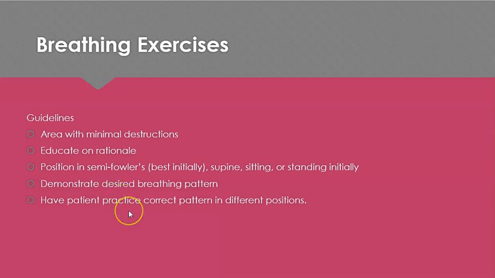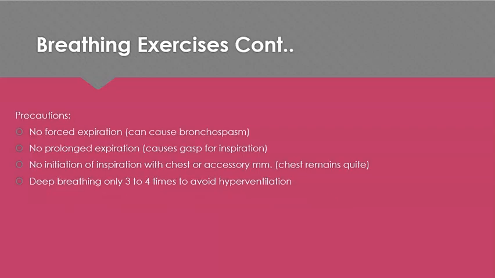So, guidelines is educating them, make sure that they're in the correct position, demonstrate desired breathing pattern, have a patient practice correct pattern in different positions. So again, these are all precautions I've previously discussed, but make sure you look over these too.